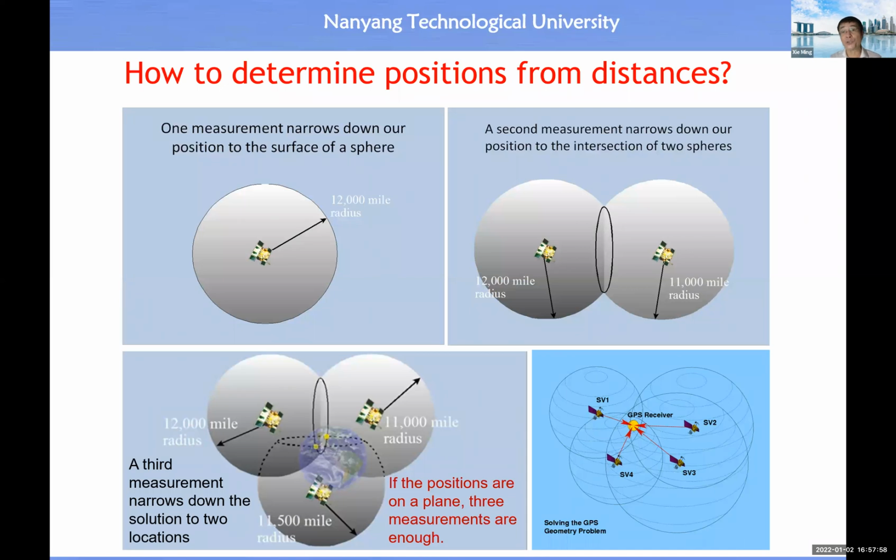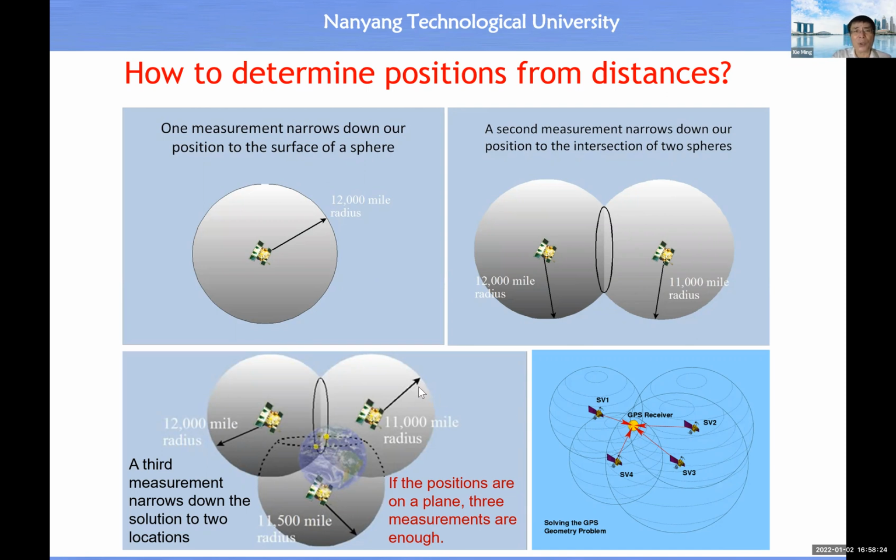The answer should be similar to this question: how to determine position from a distance? Because we are able to determine distance from the constant velocity of a signal. Later on I will show you how to determine distance from a signal's constant velocity. First, look at the answer to this question.